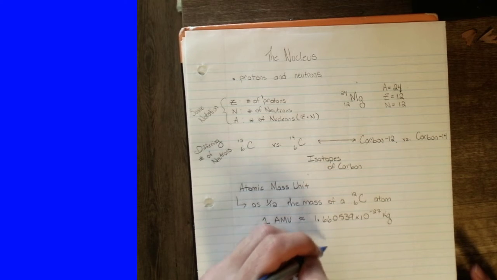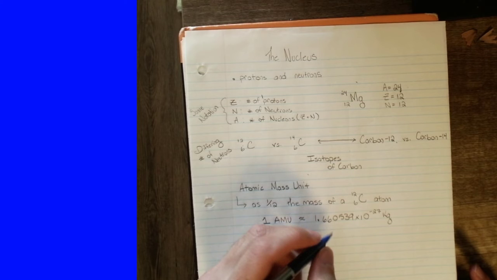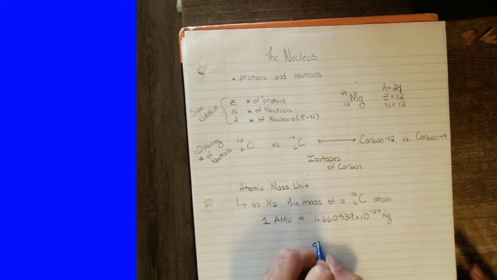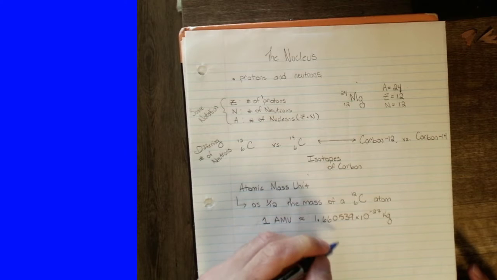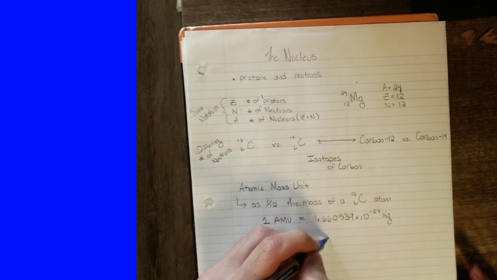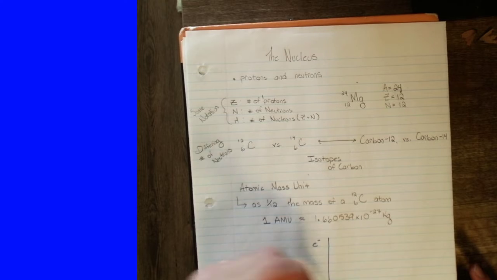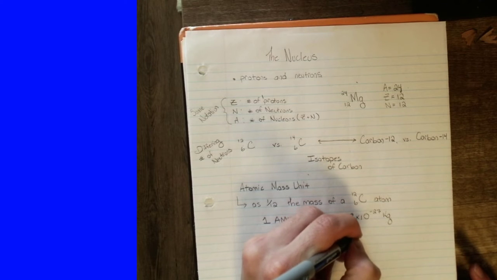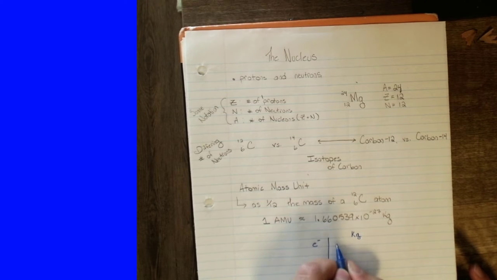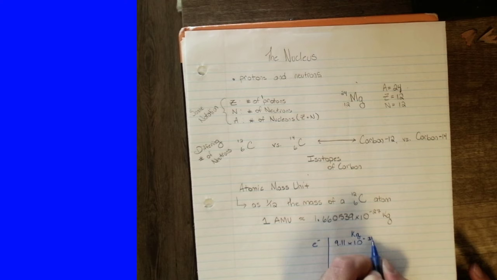So let's just do an example here. We'll do the electron, and we'll do this in two ways. We'll do it in kilograms. In kilograms, it's 9.11 times 10 to the negative 31 kilograms.